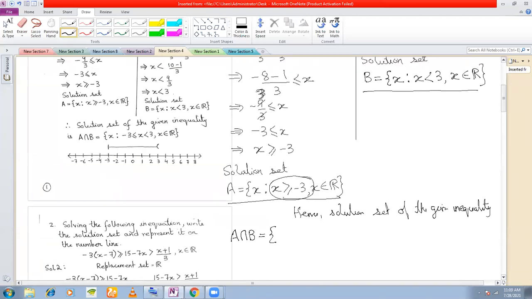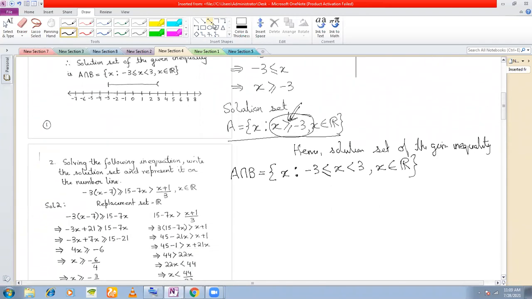All the real numbers that are greater than -3, and also all the real numbers that are less than 3. Means all the real numbers that lie between -3 and 3. And see, there's an equality sign here, but you don't have the equality sign with 3. So therefore, you write the solution set as x such that x lies between -3 and 3. But if you see, you have an equality sign here associated with -3. So you give an equality sign here. x belongs to R. That's it. So this is the solution set.